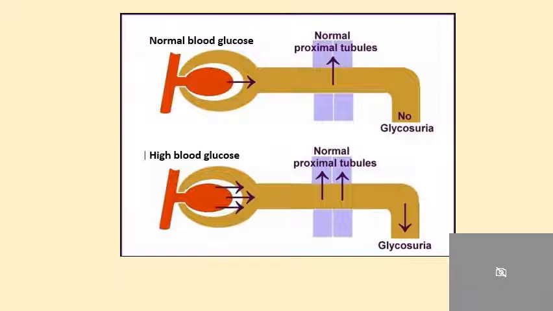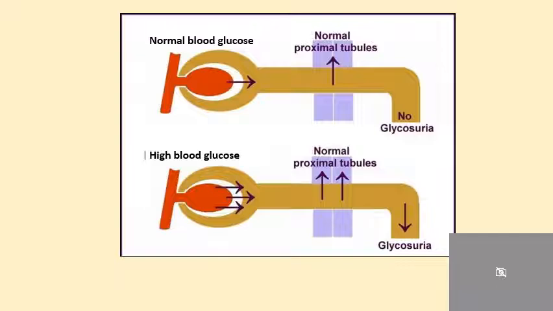High blood glucose leads to high filtrate glucose. In the proximal convoluted tubule, those glucose transporters can be working at their maximal rate, and we still have too much glucose in the filtrate. We have more glucose than could possibly be reabsorbed by the time we get to the end of the proximal convoluted tubule. And there is no more opportunity beyond the PCT. There is no other opportunity for glucose to be reabsorbed.